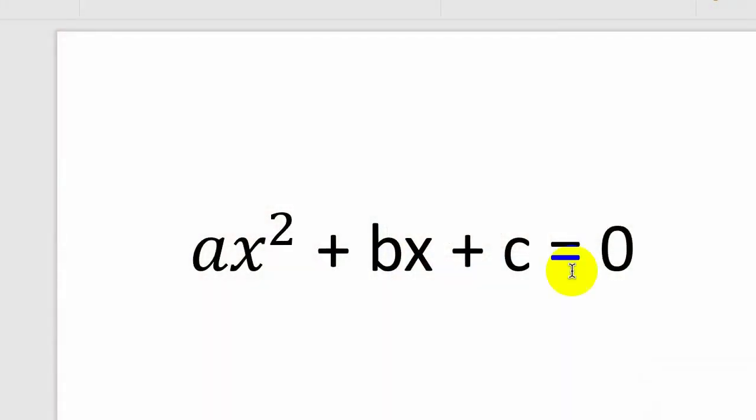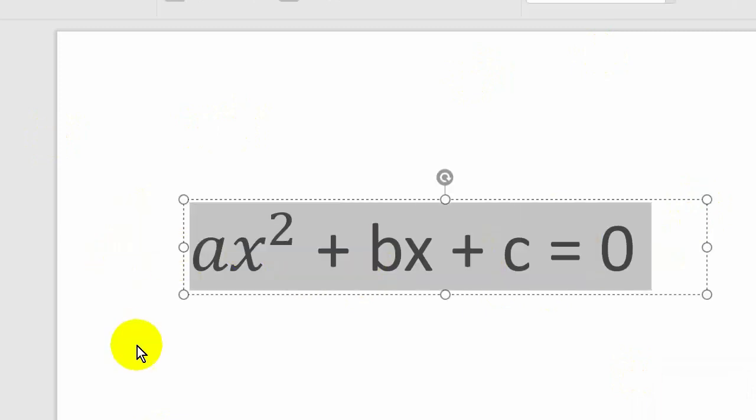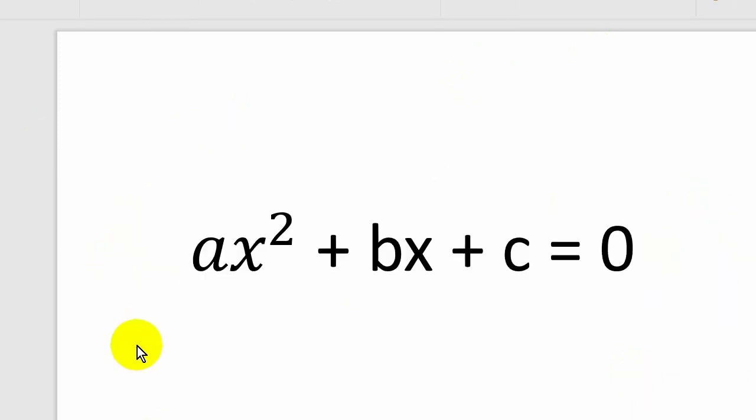So, hello. Before we start writing the code, we have to know some things here. The quadratic equation has this format. This is the format of any quadratic equation: ax squared plus bx plus c equals 0.